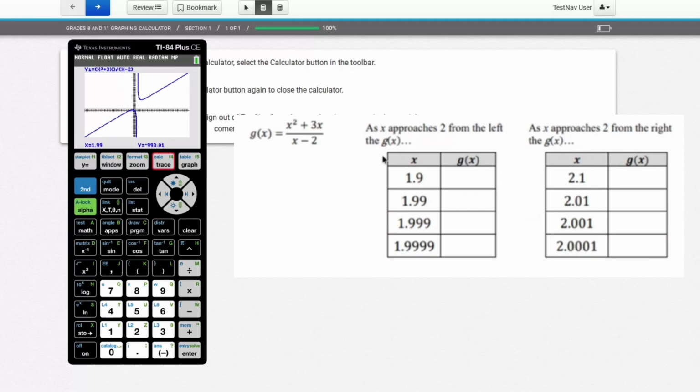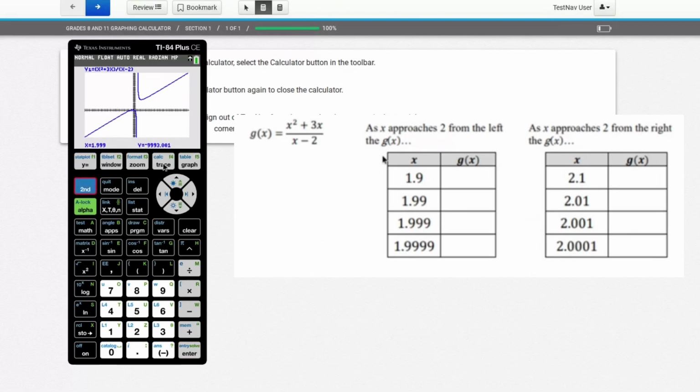Let's do it again with second calc, value, 1.999, hit enter. And that gives us a value of negative 9,993.001.